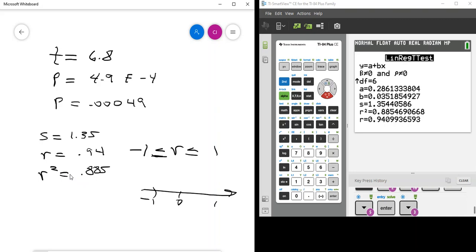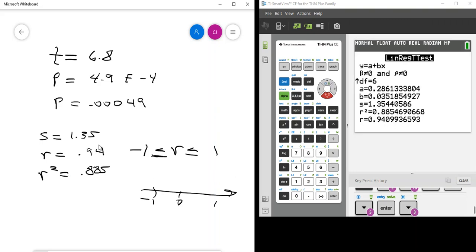I'm going to just take my calculator, and you could do it on the screen, but I'm going to just verify that 0.94 squared is equal to 0.88 something something 54 and so on. So we rounded that a little bit, so remember we have a little bit of rounding going on.